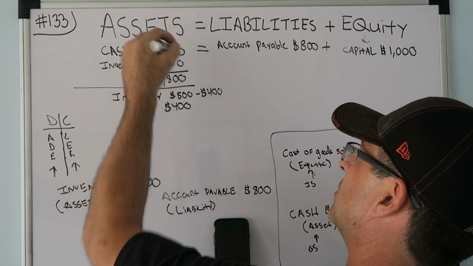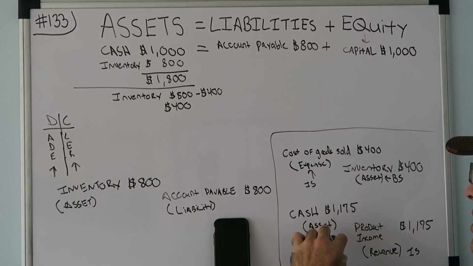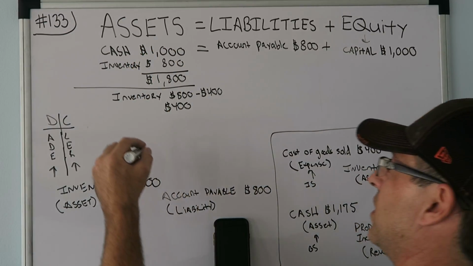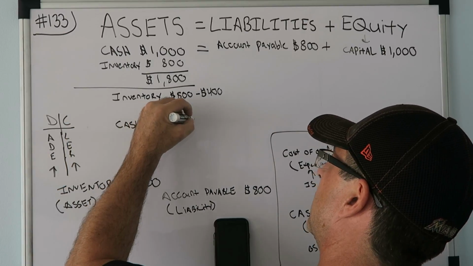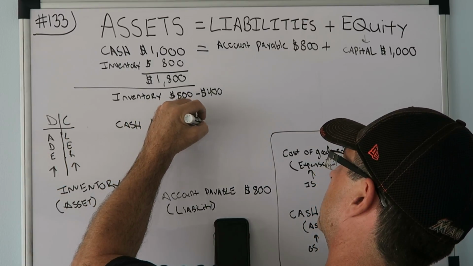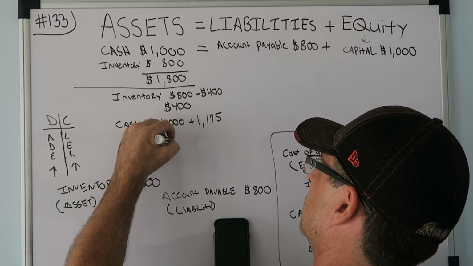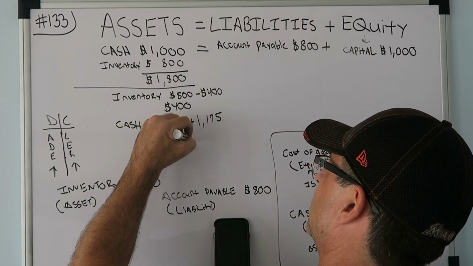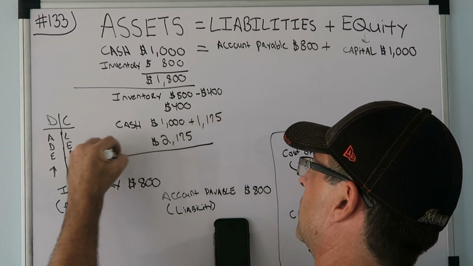400. And how much cash do we have now? We started with 1,000, but now we got from our sale 1,175. So we have cash 1,000 plus 1,175, $2,175 of cash plus 400 of inventory.